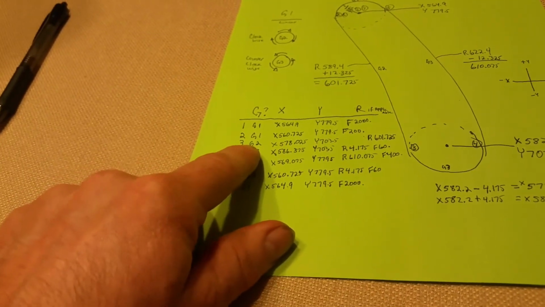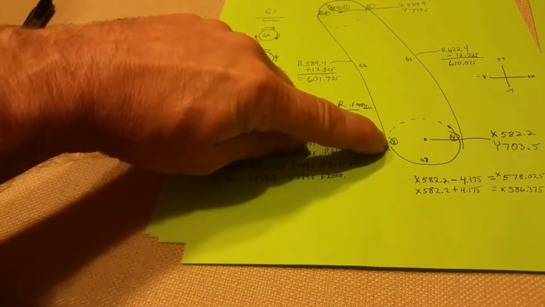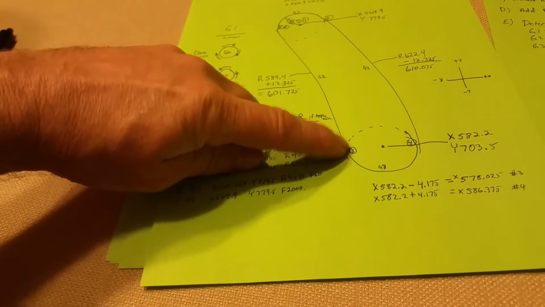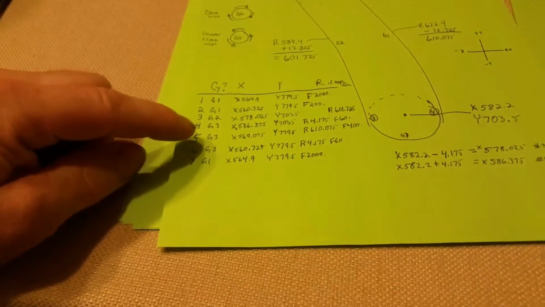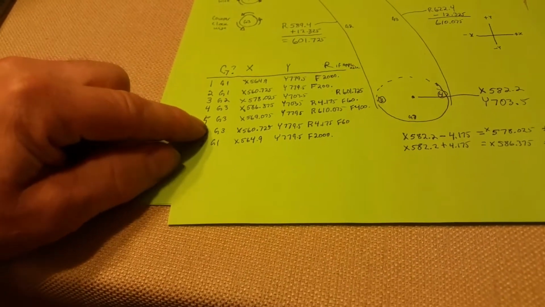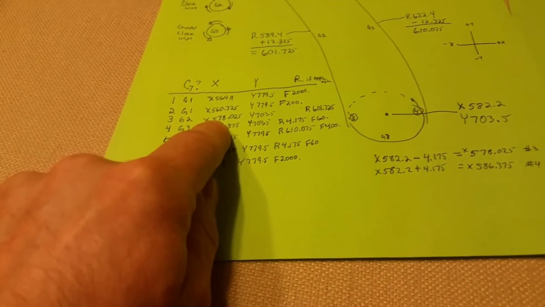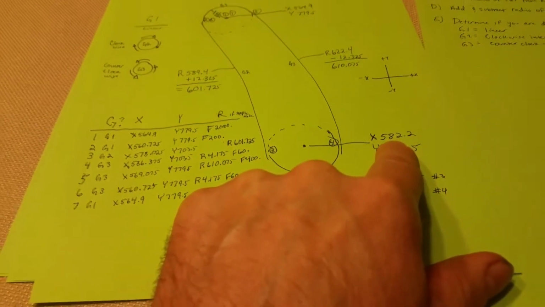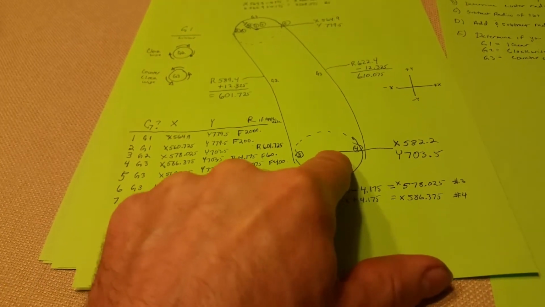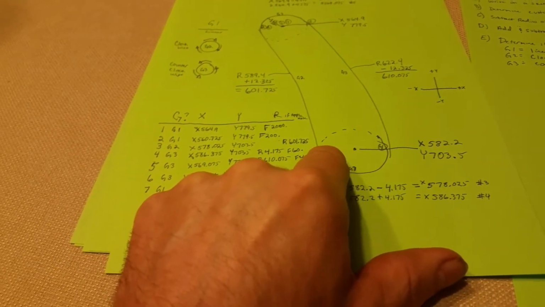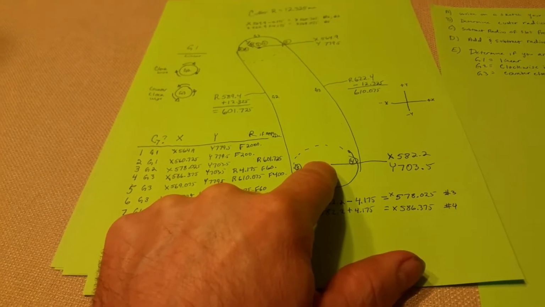Now we're going into a clockwise G2 move here, down into step 3 at the 9 o'clock position of the bottom of the slot down there. So how did we determine that? Well, we got 582.2 in the X. Again, this is the 16.5 slot radius.